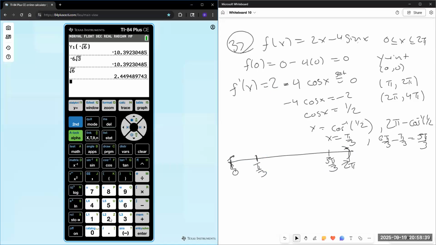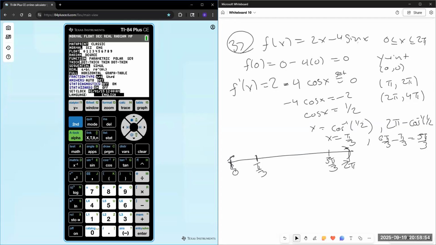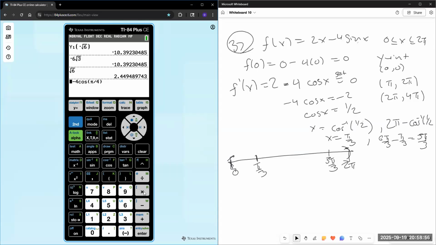So 2 minus 4 cosine of pi over 4. Make sure that I'm in radian mode. I am. And that is going to be a negative number.